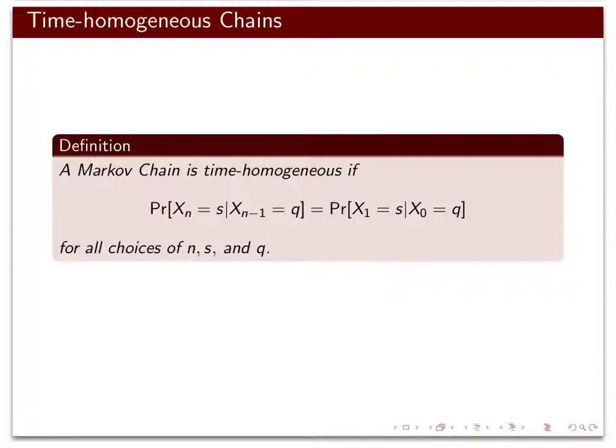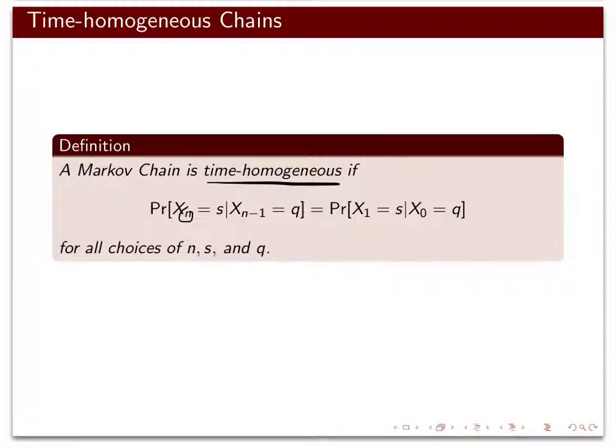Okay, and a special case of a Markov chain, and this is what we'll study most: a Markov chain is time homogeneous if the probability that Xn takes a value s, given that Xn-1 is q, is the same as the probability X1 equals s, given that X0 equals q. So the idea is that the step doesn't play into the distribution. Simple random walk satisfies this.